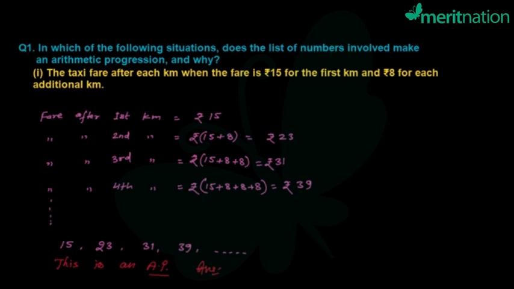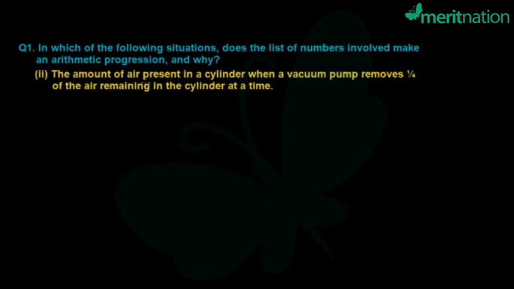Now the next part is the amount of air present in a cylinder when a vacuum pump removes 1/4 of the air remaining in the cylinder at a time.